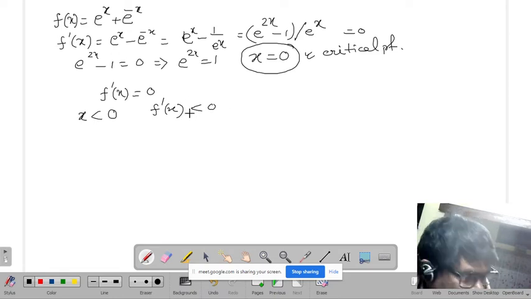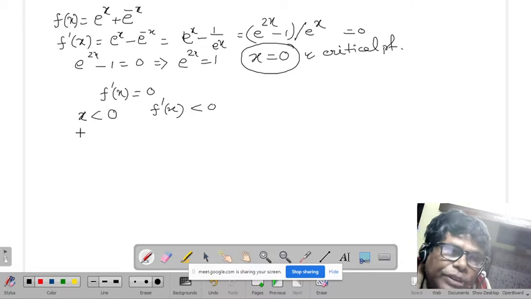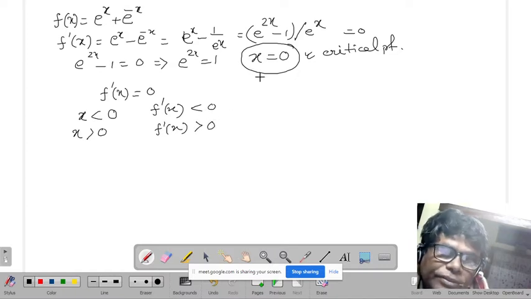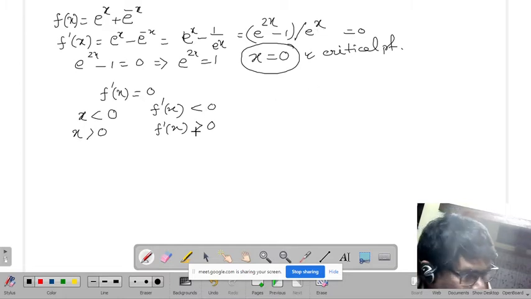So here the function is decreasing. And if x is greater than 0, then what will happen to f dash x? It is greater than 0. Check it. This is positive, this is also positive, so it is greater than 0. So this function is increasing.